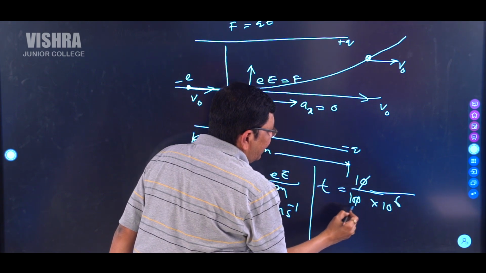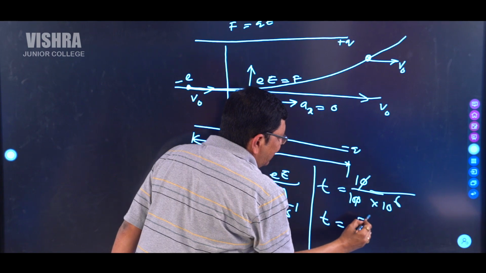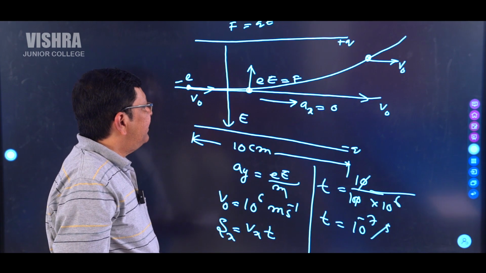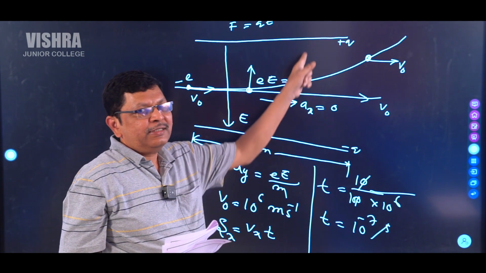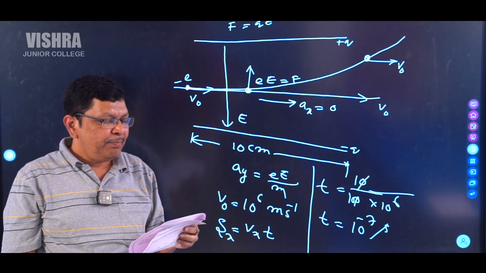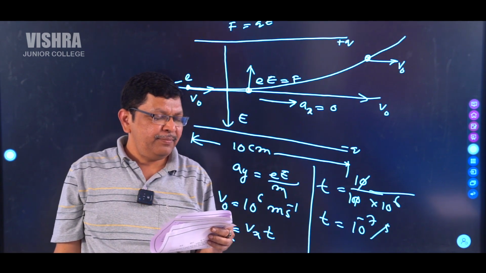And one 0 cancels. In the denominator 10 power 7 means the time is 10 power minus 7 seconds. And within 10 power minus 7 seconds, it is also producing an acceleration in the y direction. The magnitude of electric field is given as 9.1 volt per centimeter.